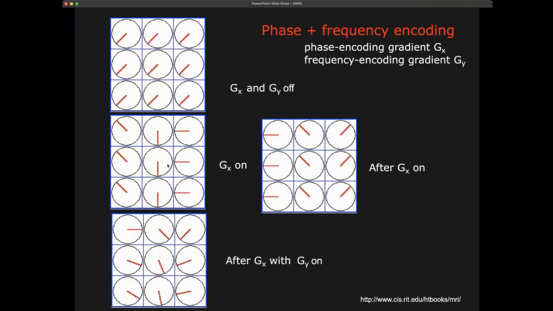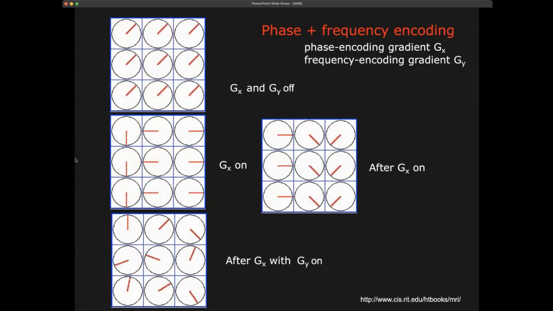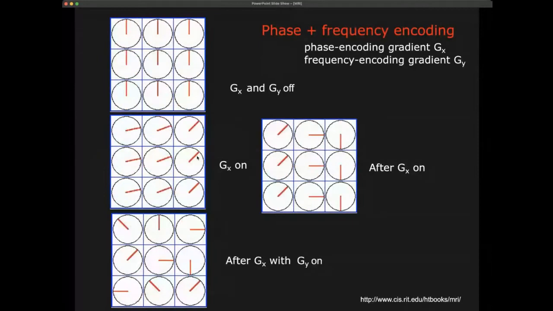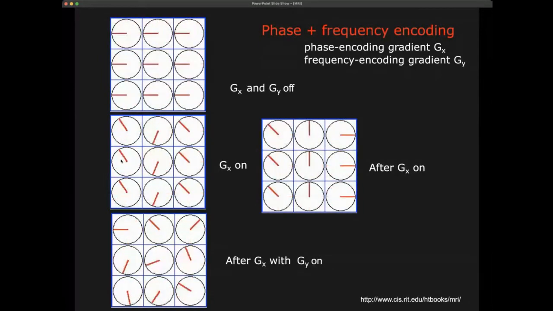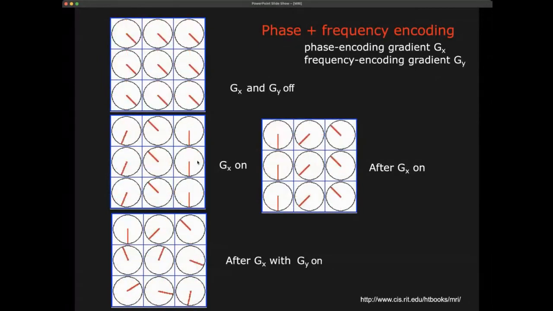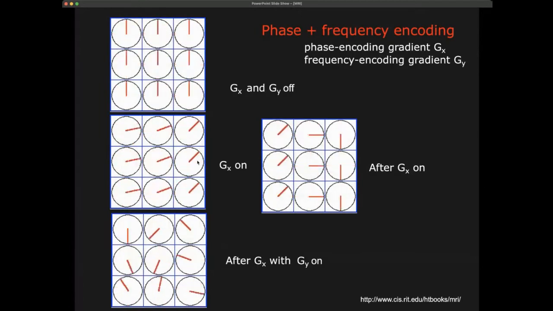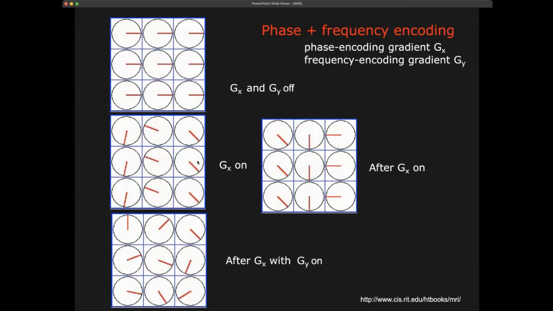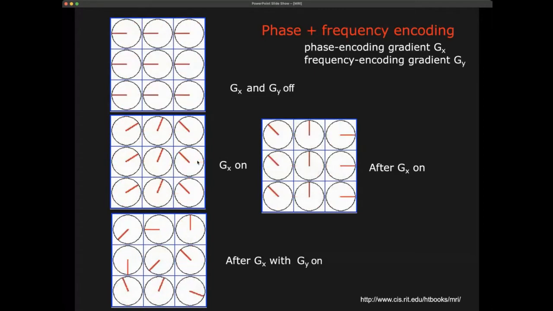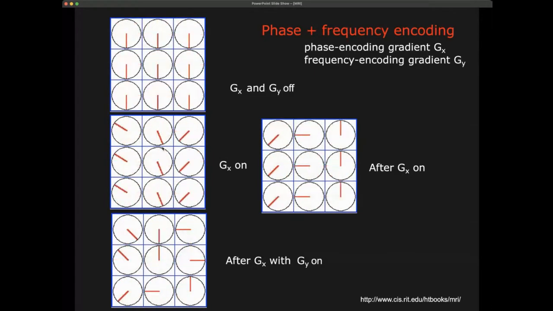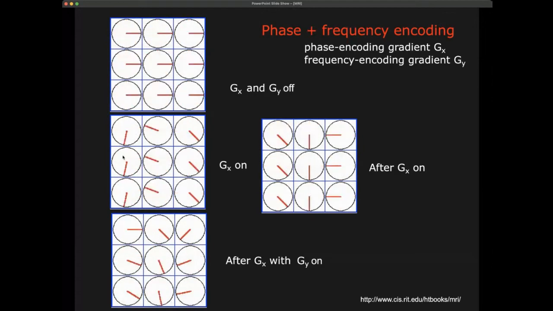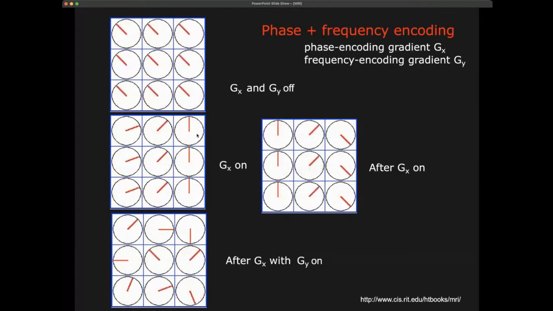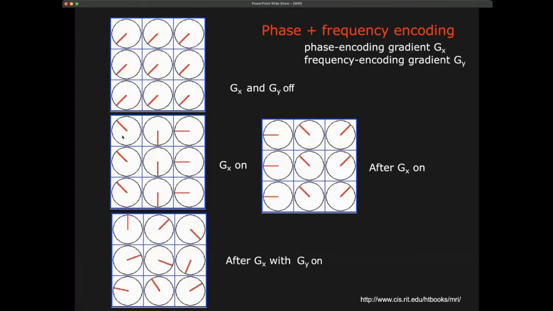Then I switch on an extra magnetic gradient in the X direction, so here the horizontal direction. And while this gradient is on, of course, where the local magnetic field is a little bit higher, they will speed up. Where the local magnetic field is a little bit lower, they will slow down. And the result is then, after a while, they start to dephase, of course. Depending on the X position, they will dephase.